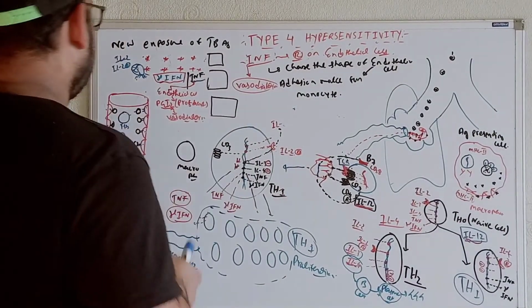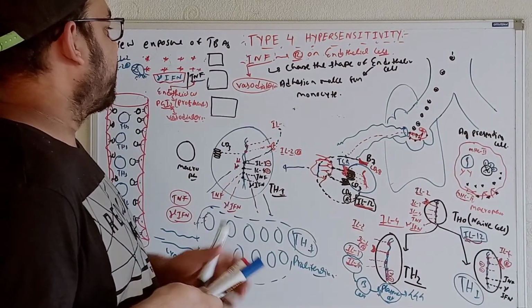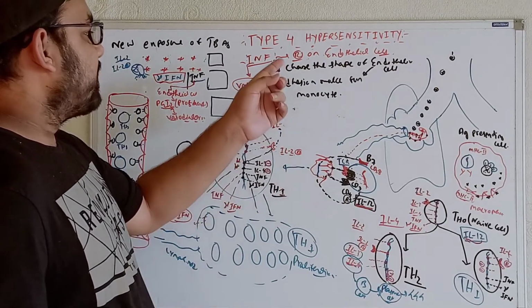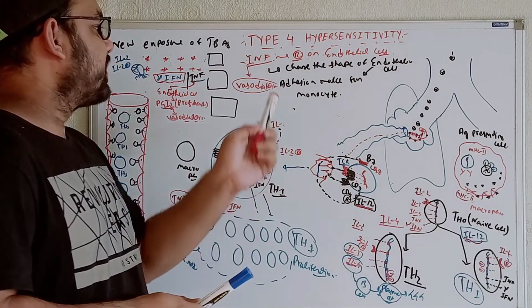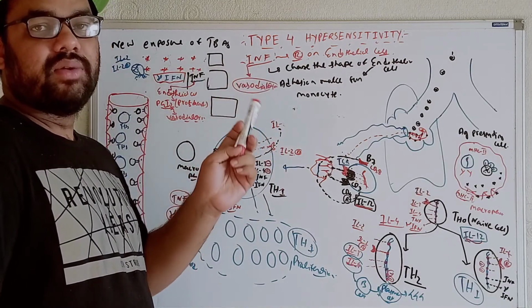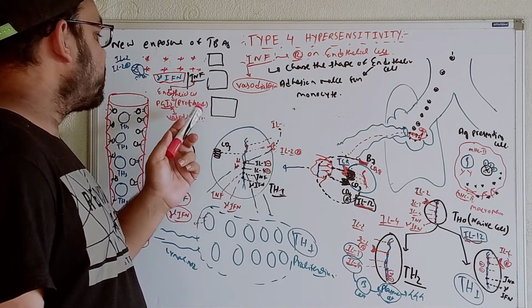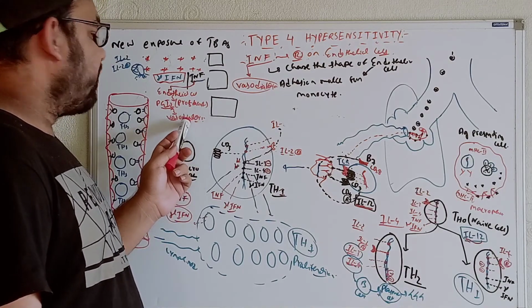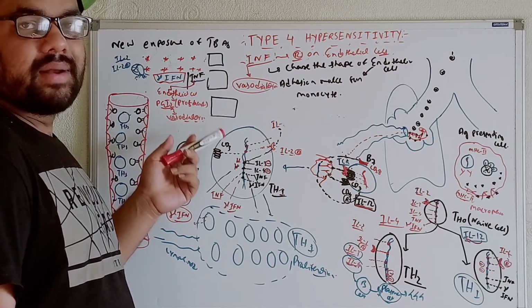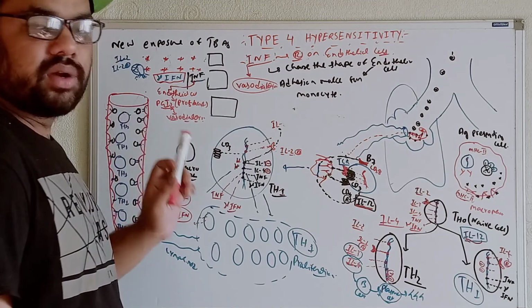As I was saying, the tumor necrosis factor has receptors on the endothelial cells, and it will stimulate the endothelial cells to produce prostaglandin I2, or you can say prostacyclin. As a result, we will get vasodilation over here, so more blood will reach the site.